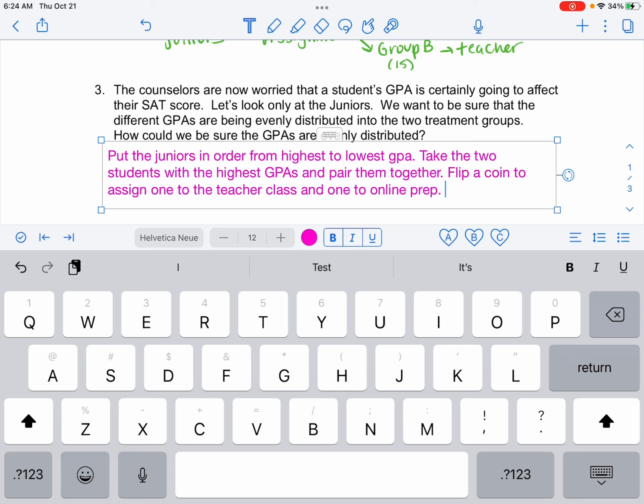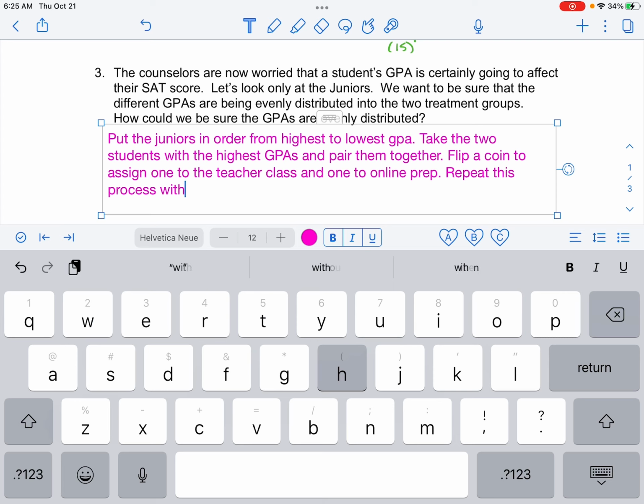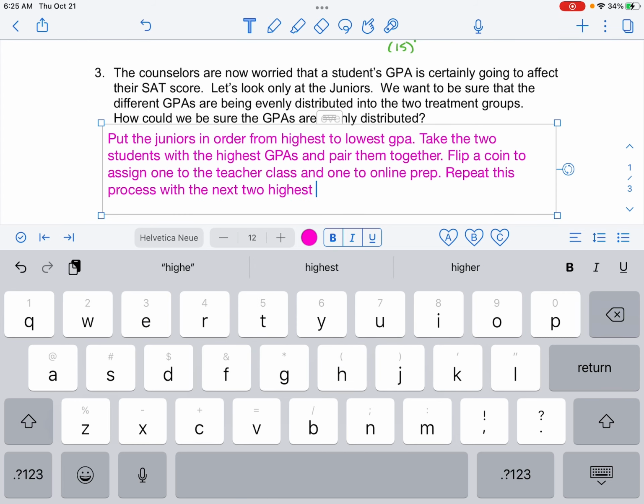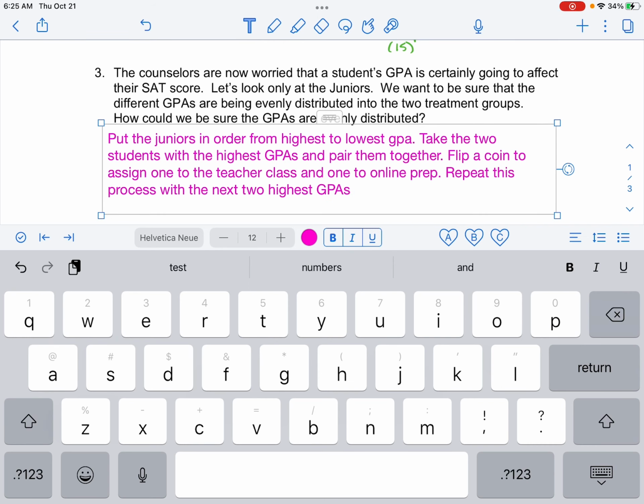So now I've got 1 in each, and then I'm going to repeat this process with the next 2 highest GPAs all the way down until all 30 juniors are assigned.